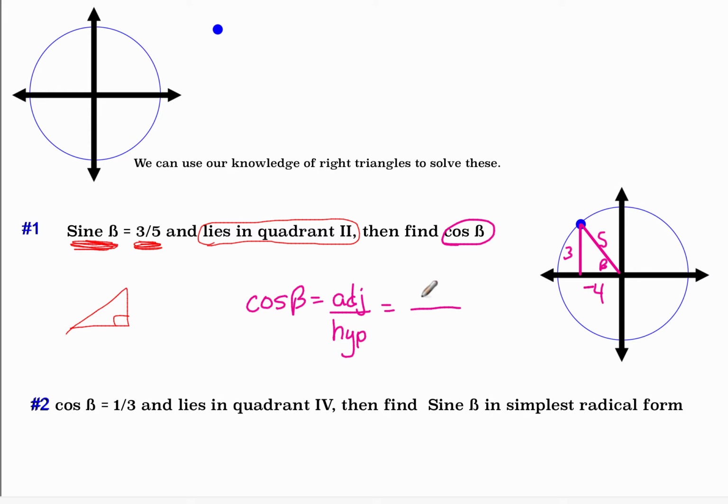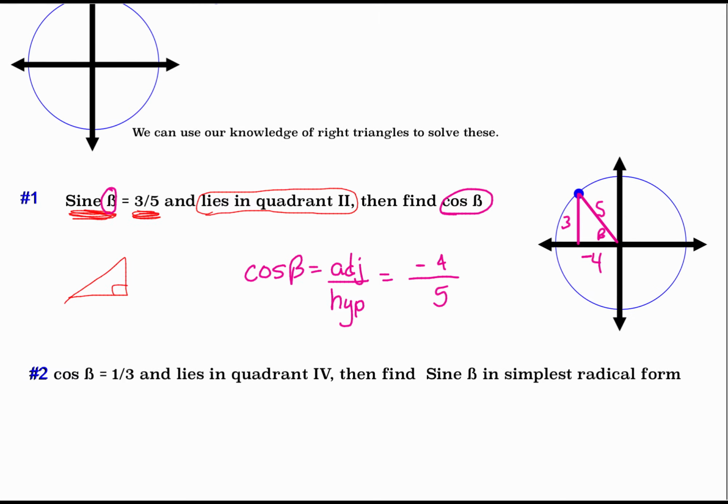This is actually a negative 4 over 5. And people start saying, well, wait a second, it's a measurement. How can a measurement be negative? Well, because we're actually looking for the angle. And it's in quadrant 2, we went in a negative direction. So the cosine of this angle is negative 4 over 5.